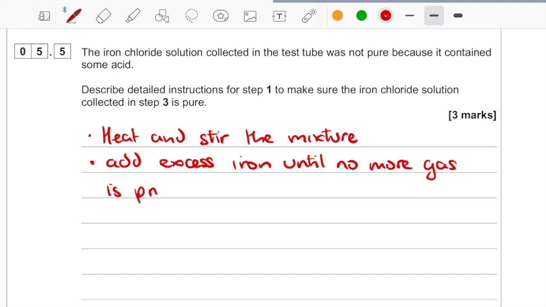Gas is produced. And then we're now going to have iron in our mixture. So we're going to filter. Yeah, and that's it really, right? Filter the mixture.